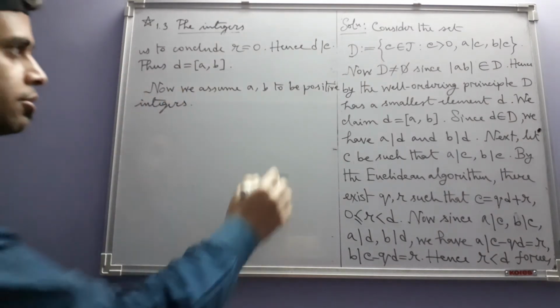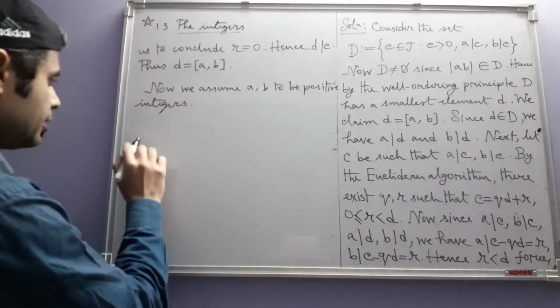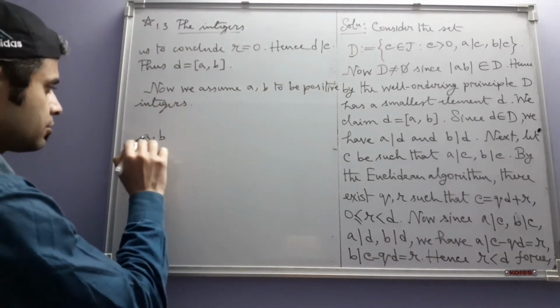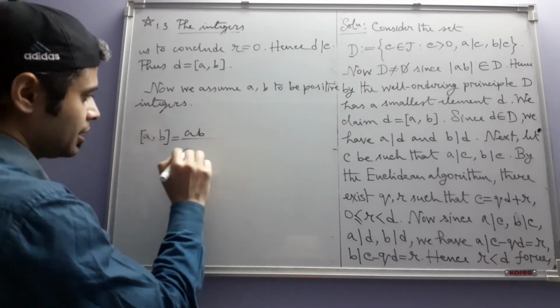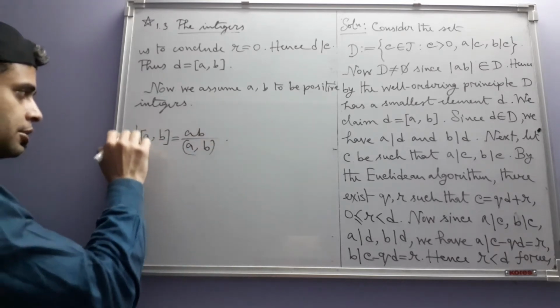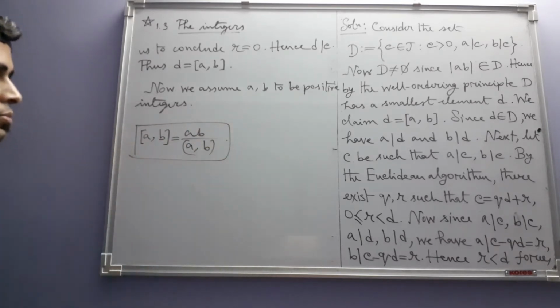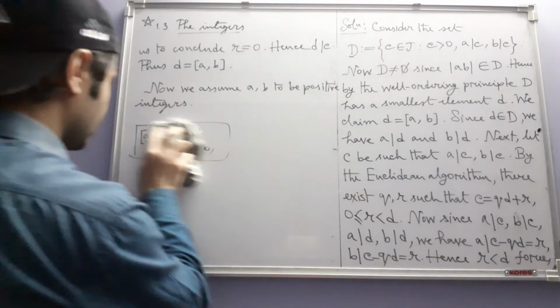Okay, now if that is the case, then we have to show that the least common multiple is equal to AB divided by the greatest common divisor. This, we have to show, this relation. Right. So we start like this.